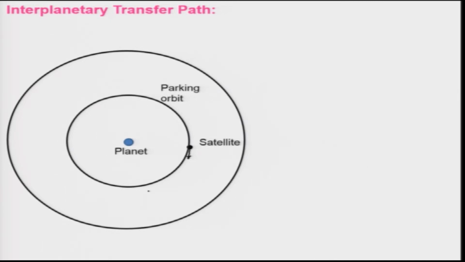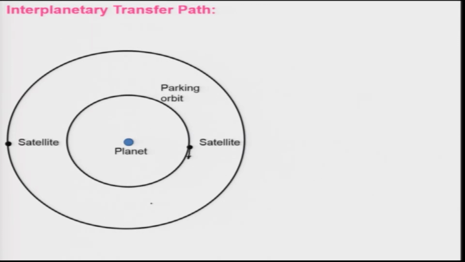Now, the question arises, you may not have sufficient energy to do that. Therefore, you should use the minimum amount of energy so that it can go towards the higher orbits. This idea came to the German scientist Hohmann, who found that if it takes an elliptical path, it can use the minimum amount of energy.